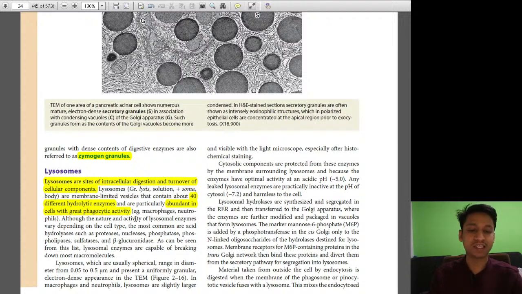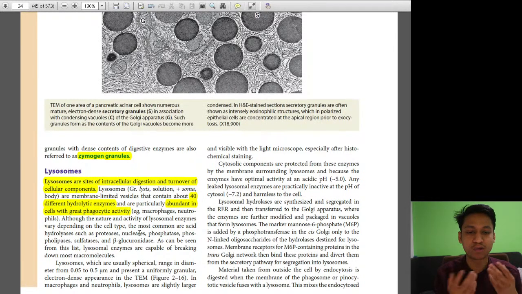Although the nature and activity of lysosomal enzymes vary depending on the cell type, the most common are acid hydrolases such as proteases, nucleases, phosphatases, phospholipases, sulfatases, and beta-glucuronidase. We know whenever we have the suffix -ase, it means it is a digesting enzyme which cleaves something.